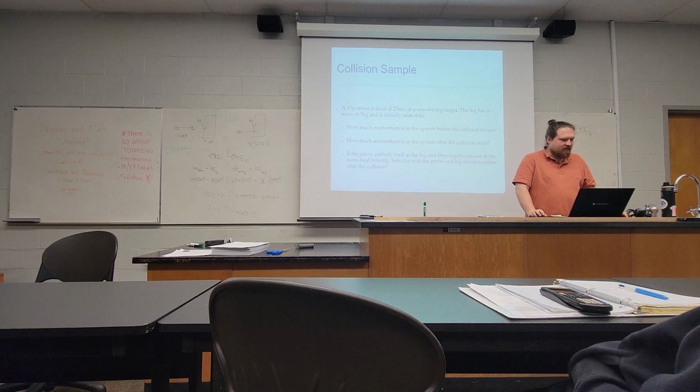Now I did just say that all car crashes are designed to be inelastic, correct? To kind of demonstrate the most extreme case of why that is, we're going to do a car crash as if it were an elastic collision, just to see what happens.